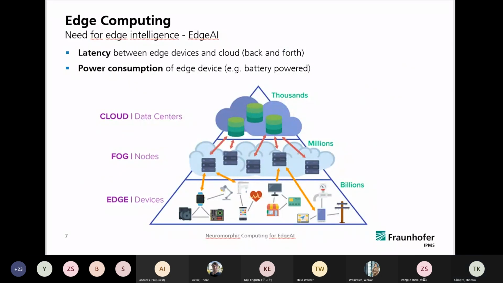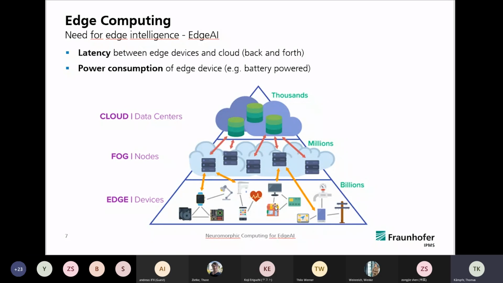So why do we need edge AI and edge computing? Such large networks, particularly large AI, as I said, can only be computed in data centers, what we call the cloud. But the results of such computation, and potentially even the input data, have to be transmitted from the edge devices, which can be billions of devices like smartwatches, smartphones, heart trackers, any kind of small electronic devices, from the edge device over the fog node to the cloud and back again towards these edge devices.